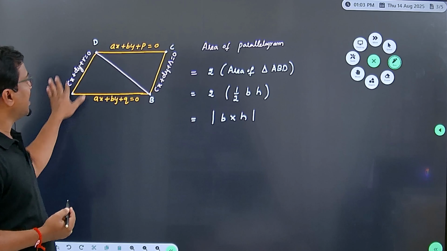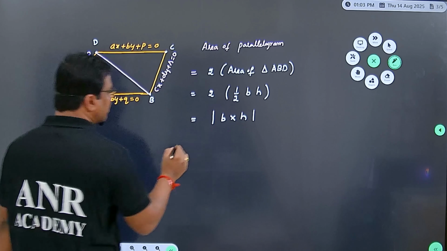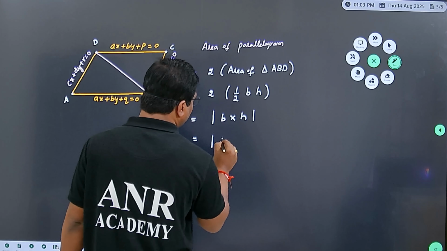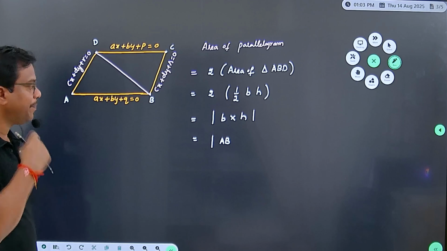Here observe the triangle ABD. AB is the base, so I am going to write the length of AB.